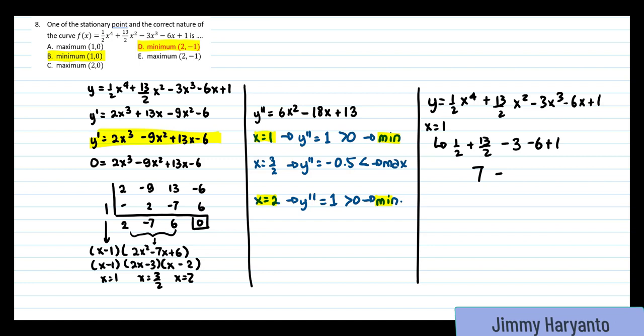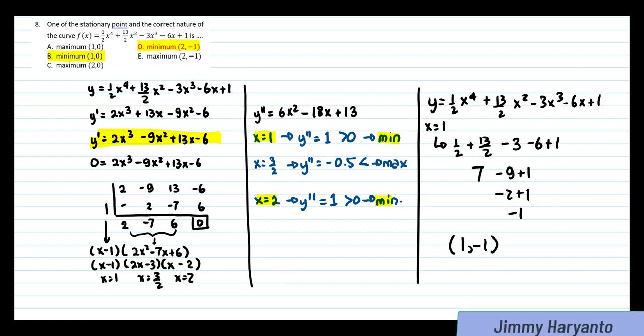This one is 7 minus 9 plus 1, negative 2 plus 1, negative 1. So the point will be 1 comma negative 1, but unfortunately it is not in the options, so we can eliminate b. The option left is D, that means D is the correct option.